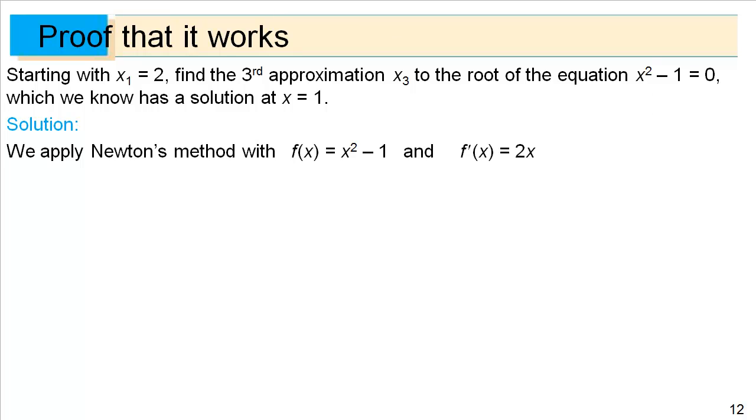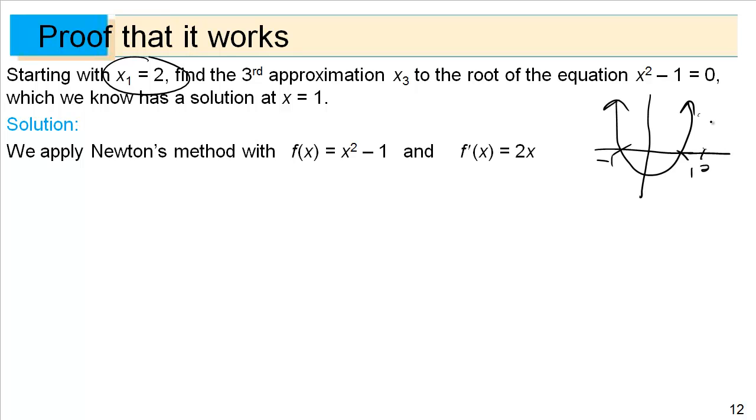x squared minus 1 is a simple quadratic that's just been shifted down by 1. So we know it has the zeros of 1 and negative 1. So we know what the answer should be. We're going to guess 2, right? We're going to start out here at 2.